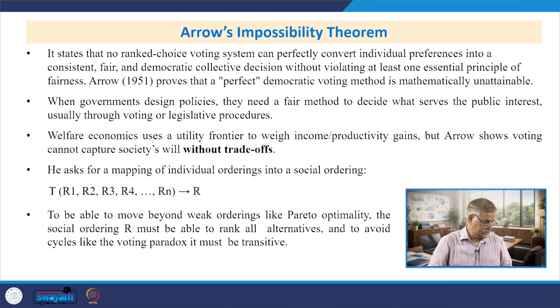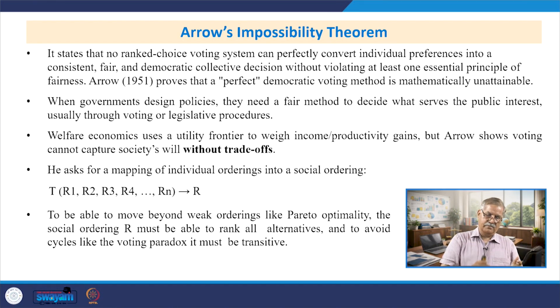Then another is Arrow's impossibility theorem. It states that no ranked choice voting system can perfectly convert individual preferences into consistent, fair, and democratic collective decisions without violating at least one essential principle of fairness. Arrow in 1951 proved that a perfect democratic voting method is mathematically unattainable.